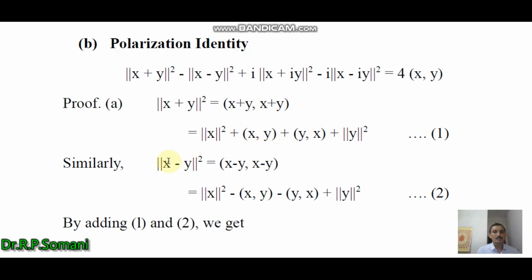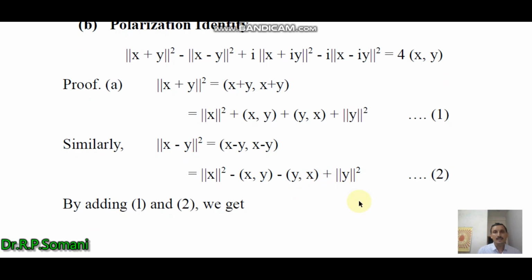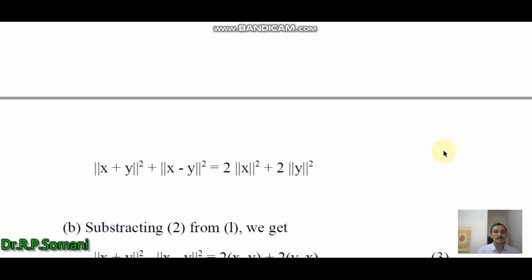Similarly, norm of x minus y squared equals the inner product of x minus y with x minus y, which equals norm x squared minus inner product (x, y) minus inner product (y, x) plus norm y squared. Adding equations 1 and 2, we get the desired result: norm x plus y squared plus norm x minus y squared equals 2 norm x squared plus twice norm y squared. This is the proof of the parallelogram law.